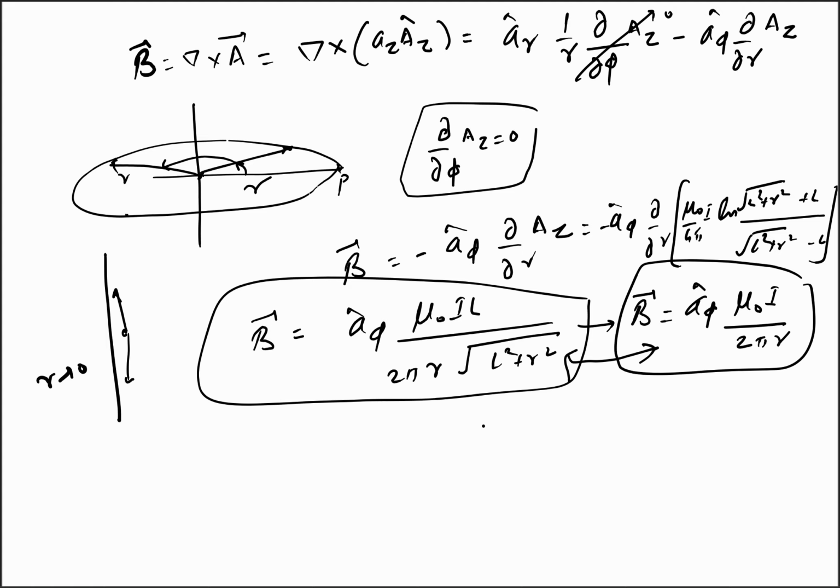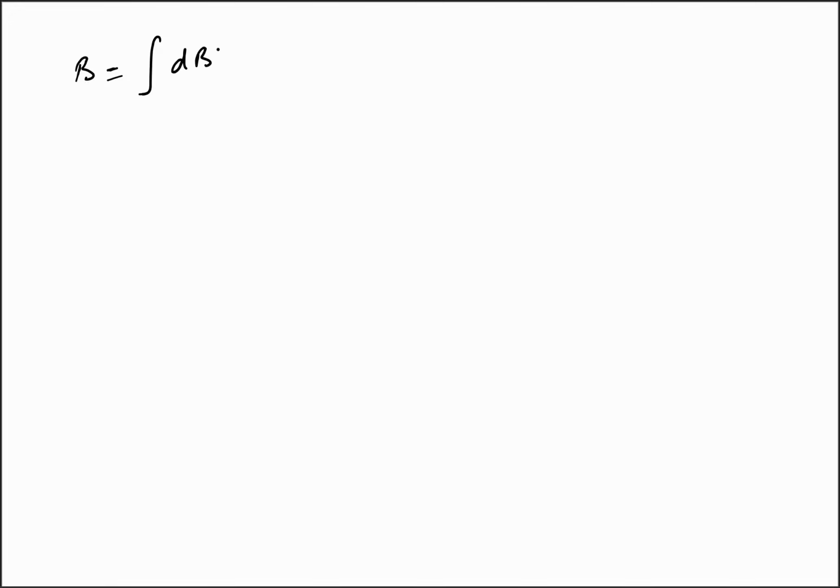Now let us find the same field by using Biot-Savart law. So B is equal to the integral of dB. Here again dl' is equal to dz' az, and r is equal to r ar minus z' az.